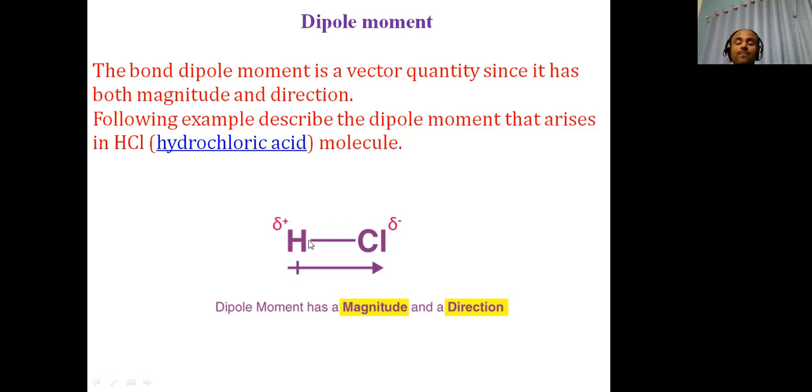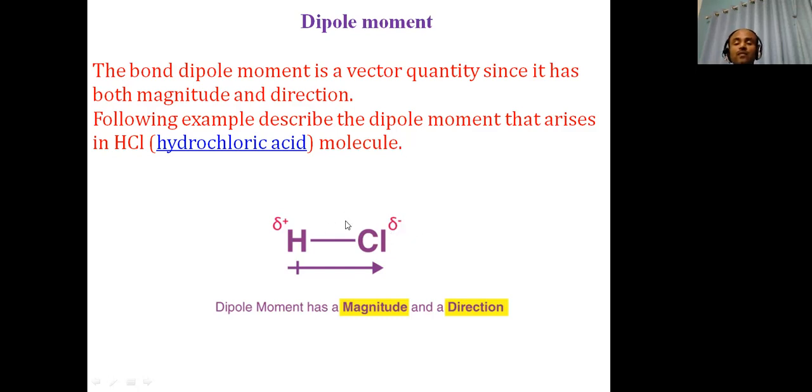There is a difference in electronegativity between hydrogen and chlorine forming this bond. So due to the electronegative nature of chlorine, the shared electron pair is shifted towards chlorine. Therefore, chlorine has a partial negative charge, denoted by delta negative, and hydrogen has a partial positive charge, denoted by delta positive.